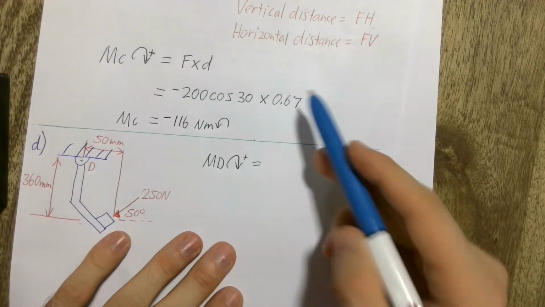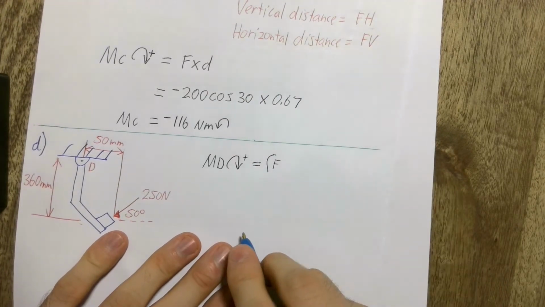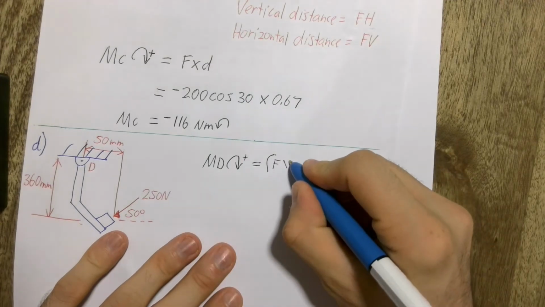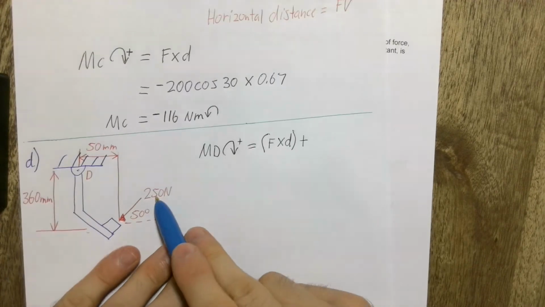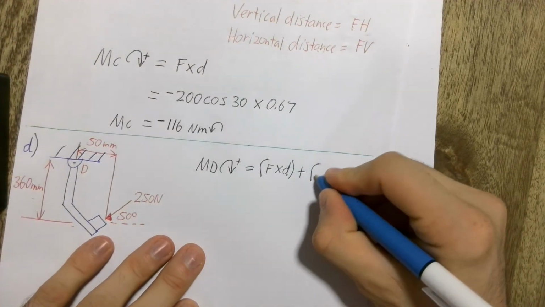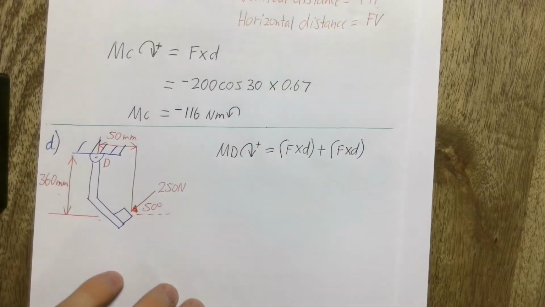So we might put this in a bracket and we got force, which we do, multiplied by the distance plus, okay, because we have another distance, we need to do force multiplied by the distance. So we have 2.